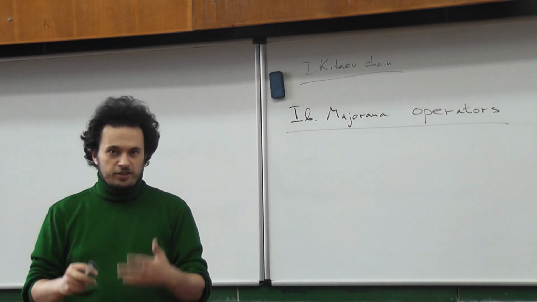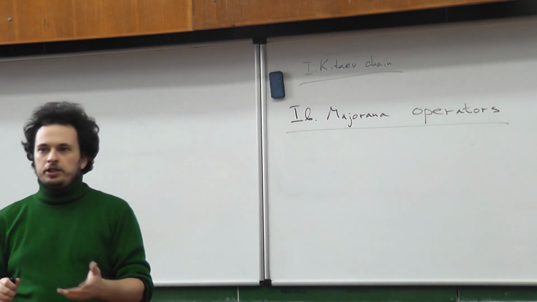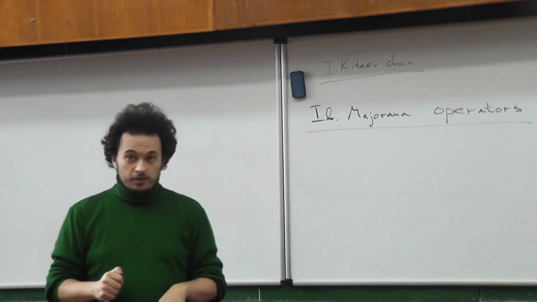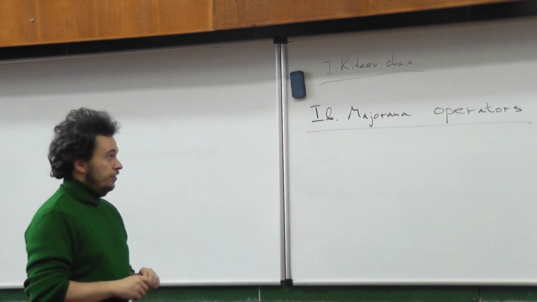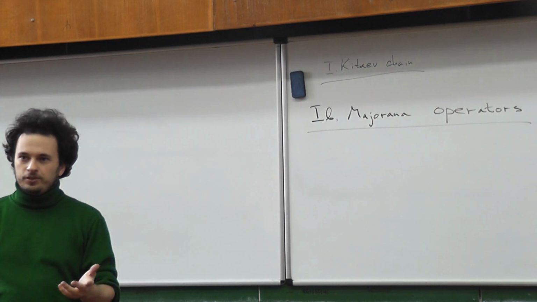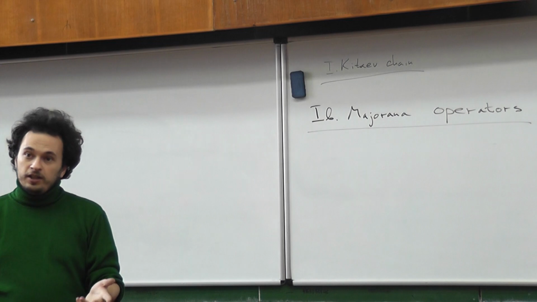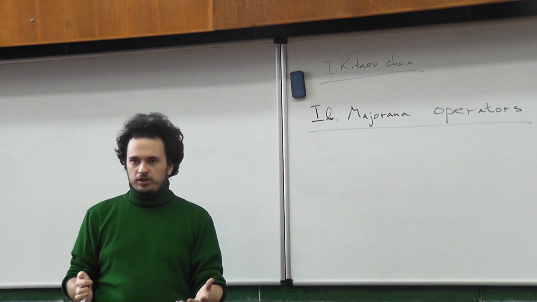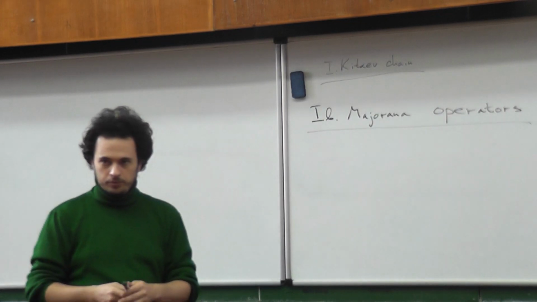Hermitian operators are like real numbers. These operators are not Hermitian, they are not real, so they are like complex. So we can introduce the real and the imaginary part, the Hermitian and the anti-Hermitian part.